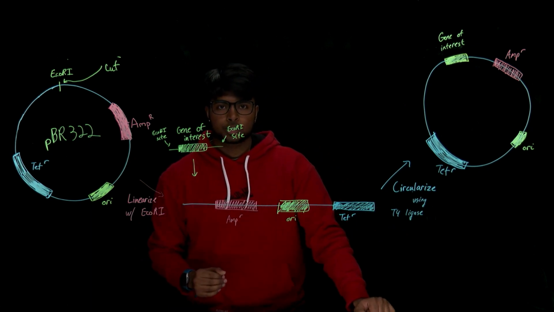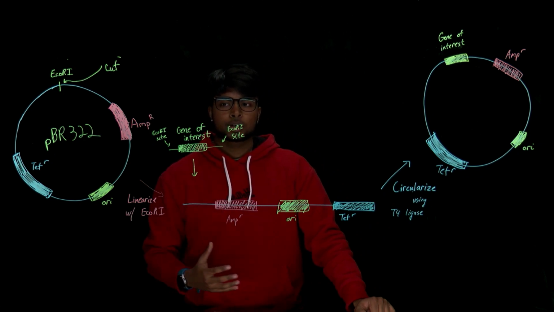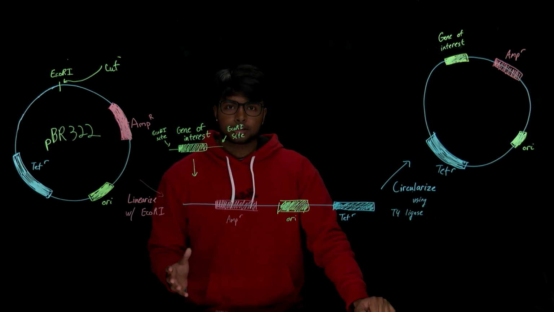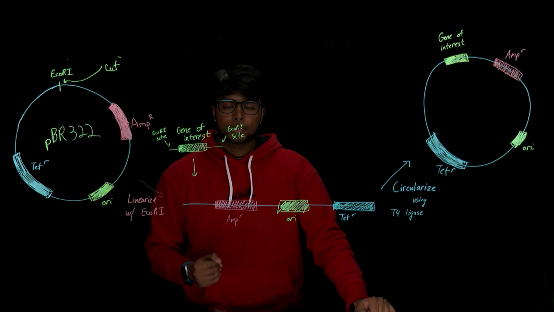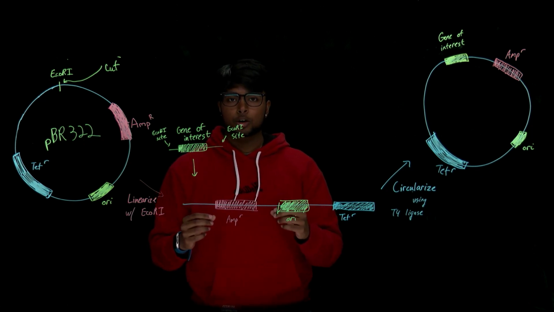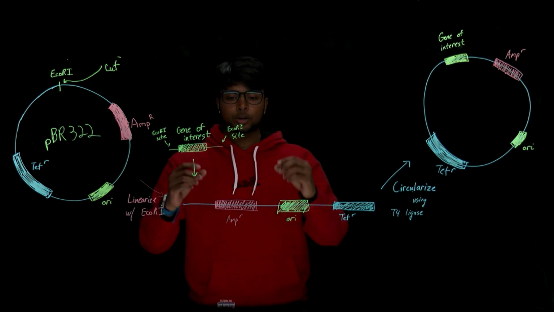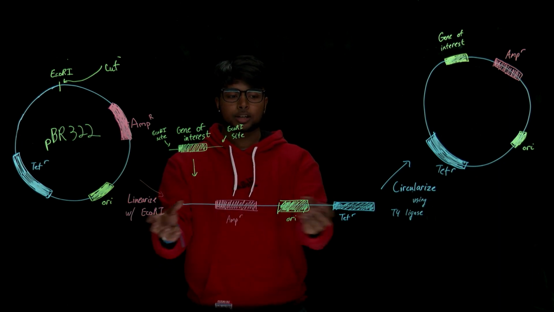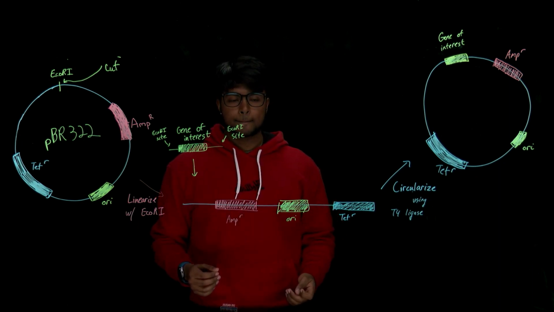The key thing for this gene of interest is there should be EcoRI sites that flank it. This is because, as I mentioned with the EcoRI, it creates a staggered cut. So there will be little overhangs at the end which will enable this gene of interest to be integrated into the linear piece of DNA.